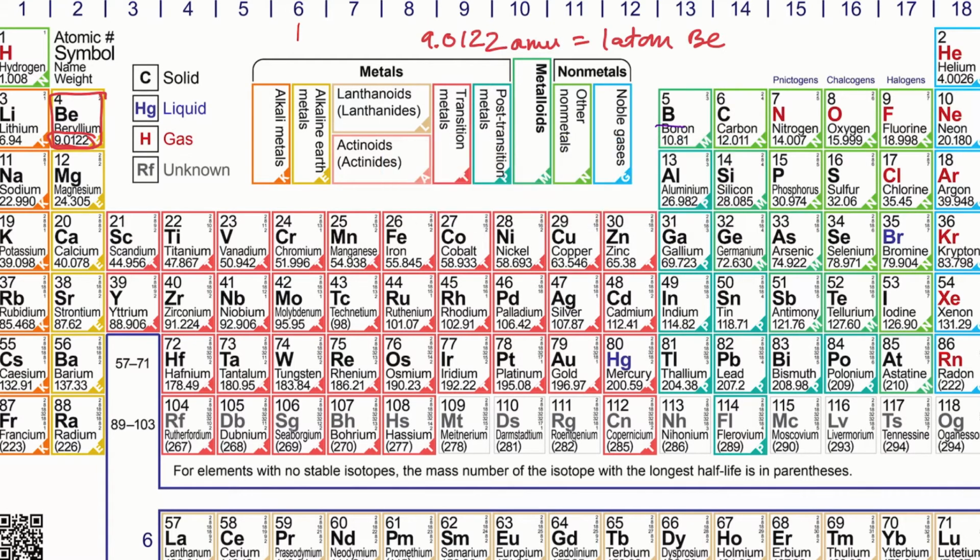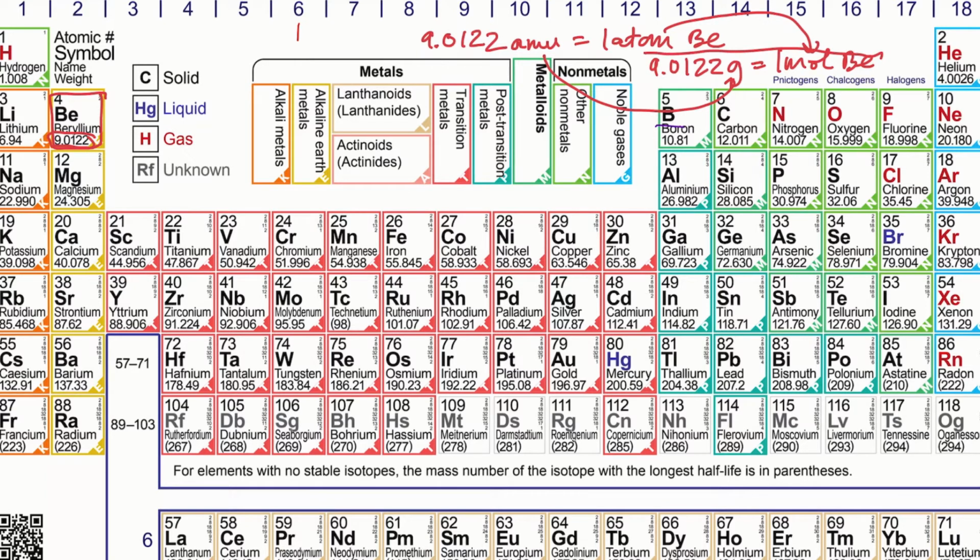Turns out that that number does double duty, right? If we scale up from AMUs to grams, it also turns out that 9.0122 grams are equal to 1 mole of beryllium. We could work out that conversion. So basically we scale our atom from a singular atom up to a mole of atoms. We scale our AMU, which is 10 to the negative 27 kilograms, up to grams, and we end up with this relationship.